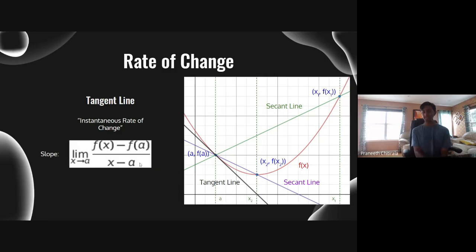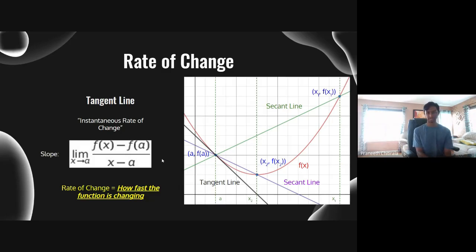Essentially, it's the limit as these 2 points converge or come together. If they actually come together, then this expression becomes undefined. But if you get the points very close to each other, you'll get the tangent line of this function at this point a, f of a, and this is the rate of change again.